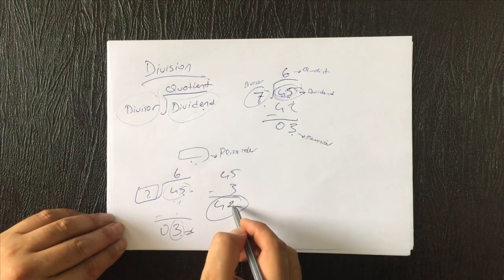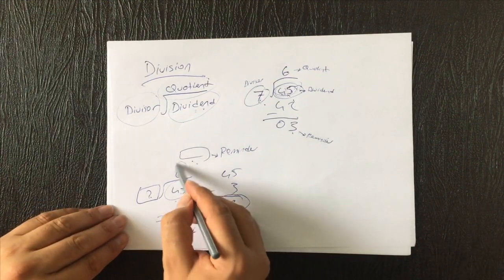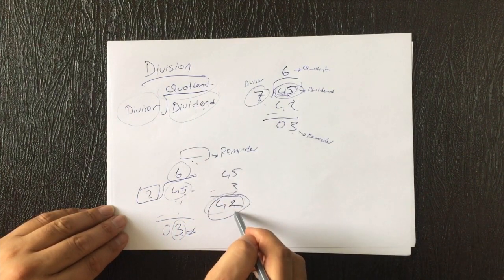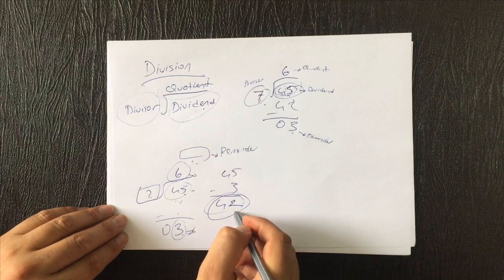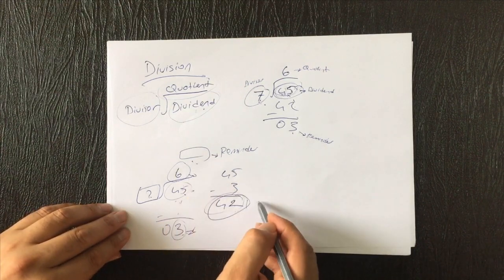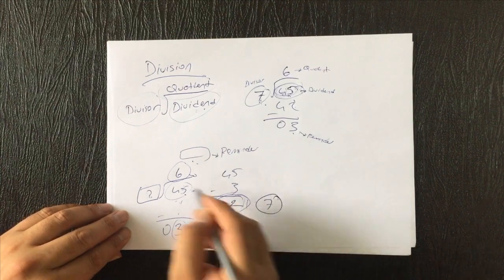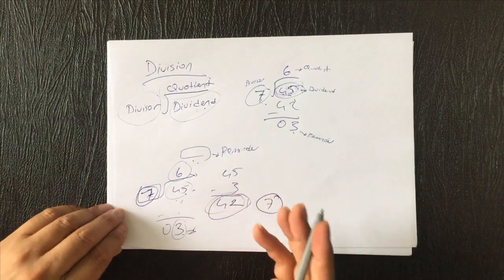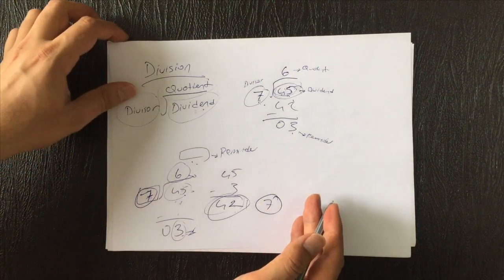Then 42. How many times 6 gives 42? You have to think. If you make division again by 6, then you can find it is the 7. Of course. We are just remembering how we can find it.